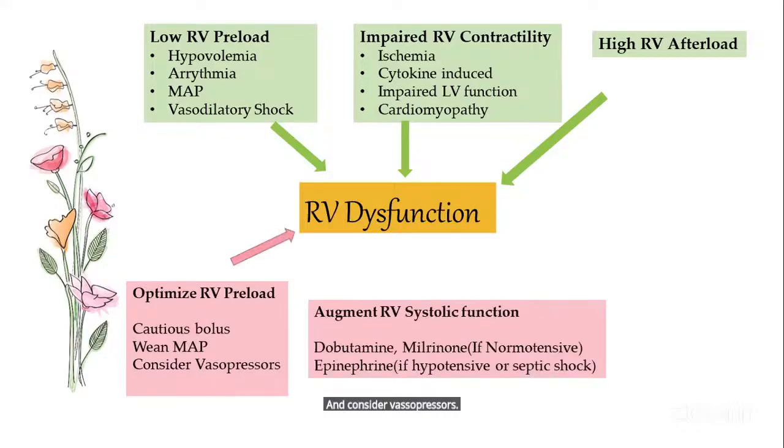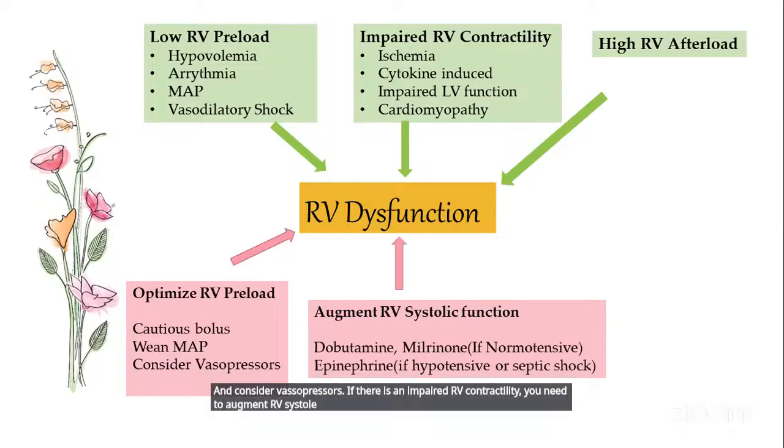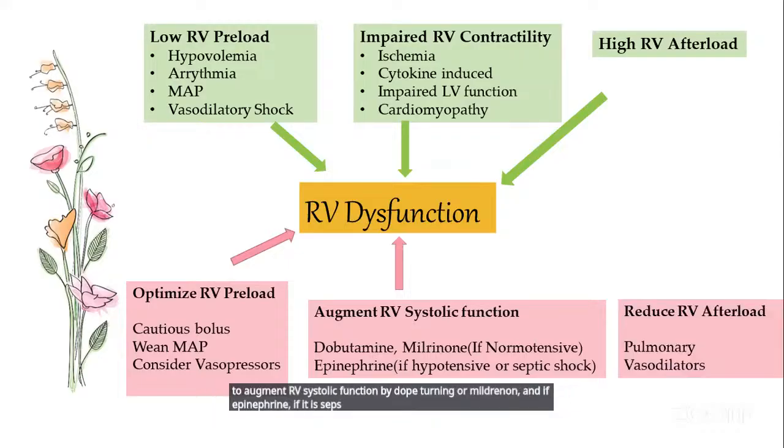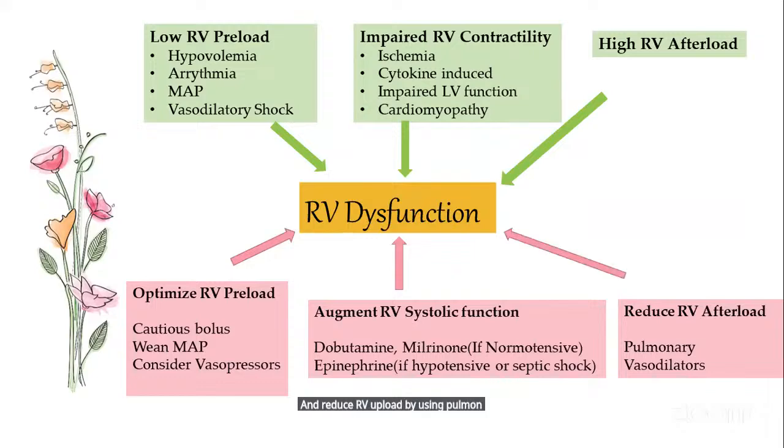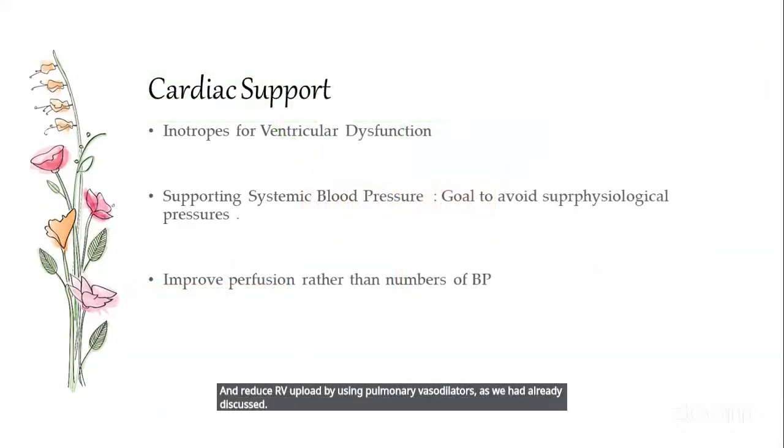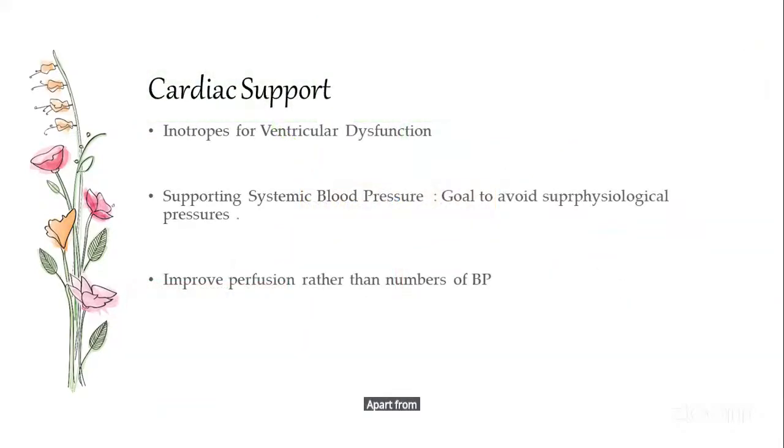If there is impaired RV contractility, you need to augment RV systolic function with dobutamine or milrinone, and epinephrine if it is sepsis or hypertensive, and reduce RV afterload by using pulmonary vasodilators, as we had already discussed. Apart from RV, you need to support the LV as well. You might have to use an inotrope for ventricular dysfunction.